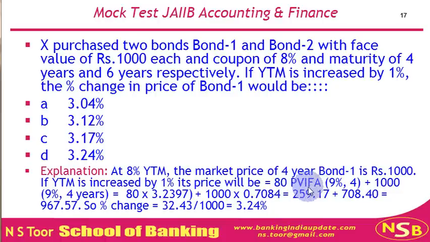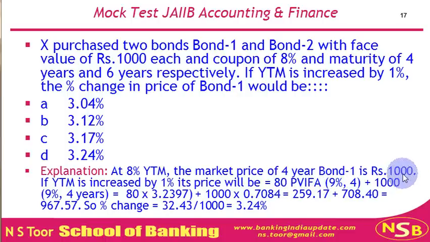So we can make use of the value tables. PVIFA, present value interest factor of annuity. So for 4 years at 9%, we can take PVIFA for 80.